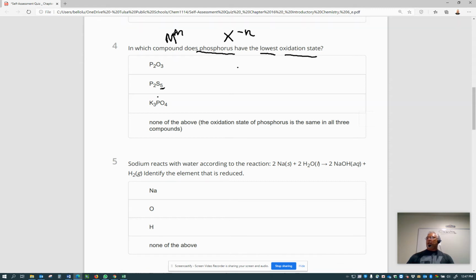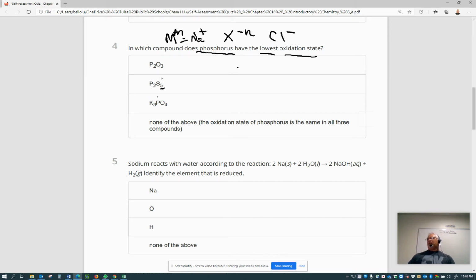It can also be 0 when the element is in the ground state. For example, sodium can be positive 1, and chloride will be negative 1.